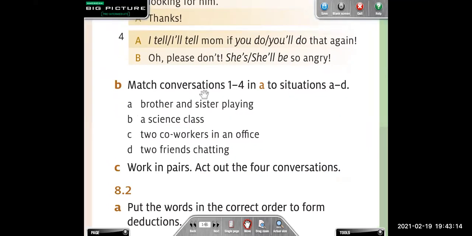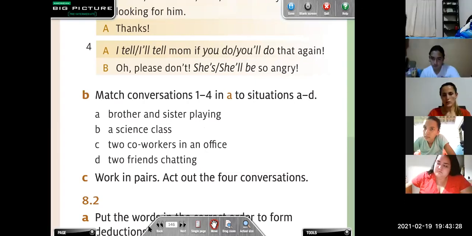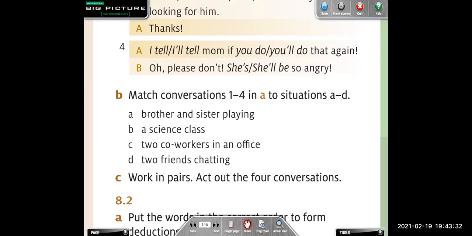It says, match the conversation 1 to 4 for the situation. For example, situation A, brother and sister playing. Which is the conversation for A, brother and sister playing?